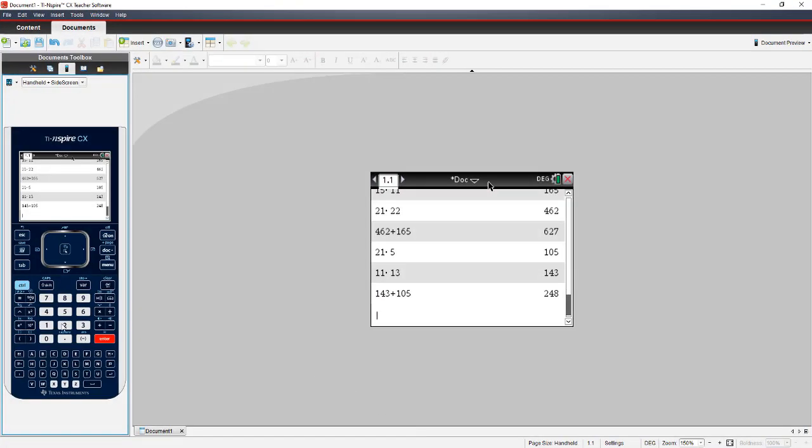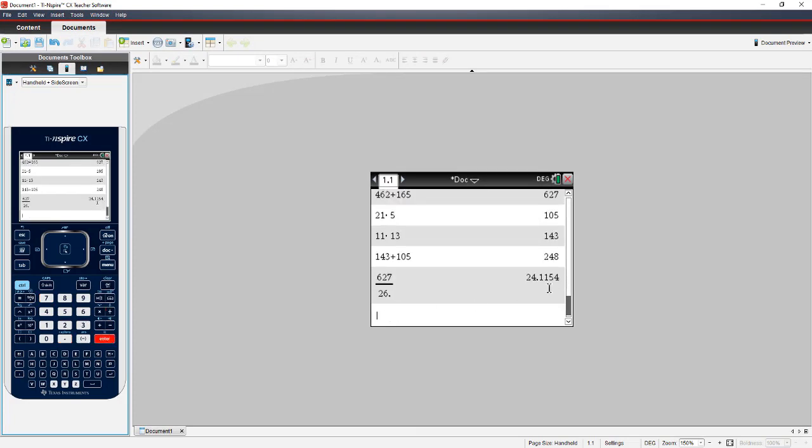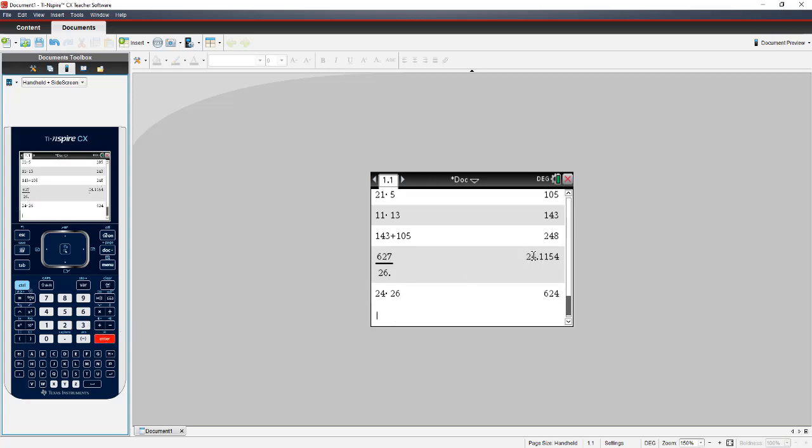So I say 627 divided by 26, and this will give me 24.155. But the integer part of this is the 24. Forget the decimal. So I'll multiply the 24 by the 26. This 24 is my value for Q, okay? So Q times 26 is going to be 624.